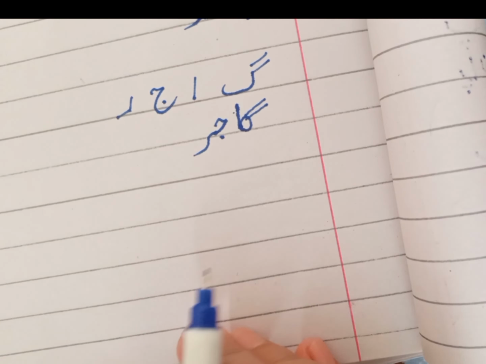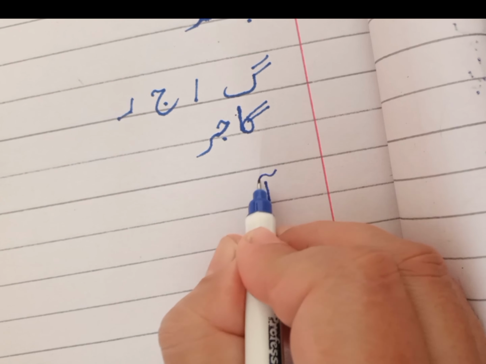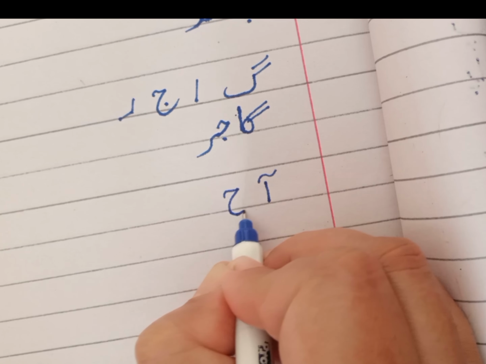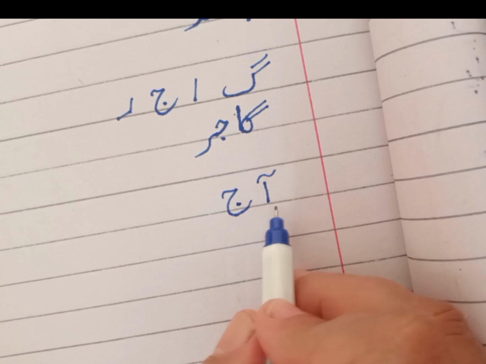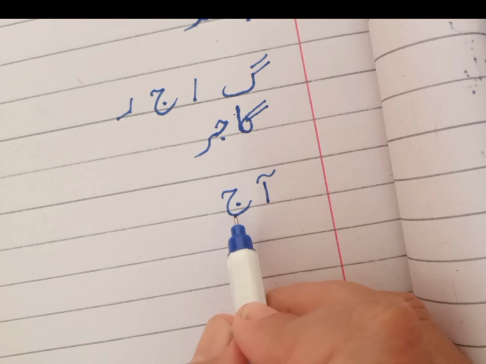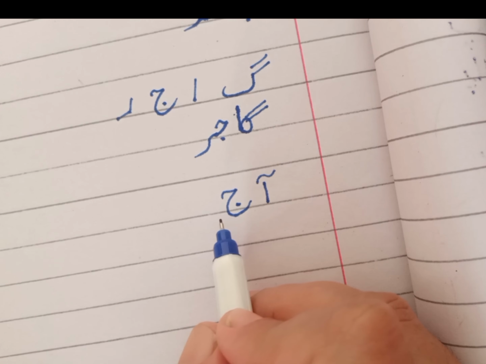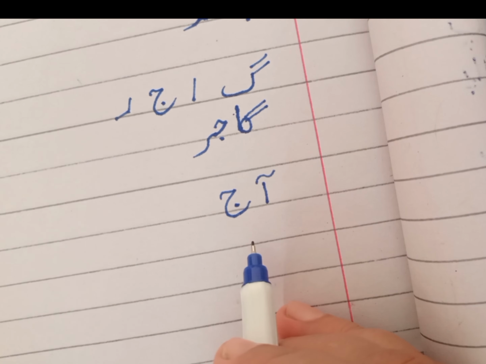First see the example Aaj. Aaj means today. Just two letters are there in this word Aaj, and you know that after Alif we cannot join any letter. That's why Jeem will be written on its own and in full form. Aaj means today. It will be written the same like this because we cannot join it.